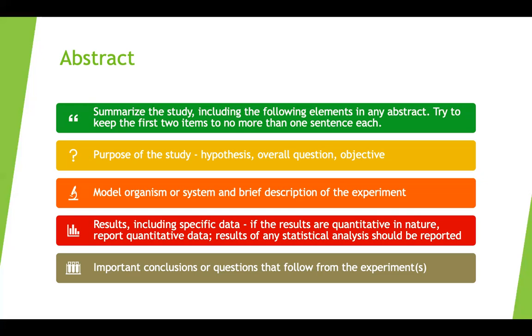For example, you have improved a particular process by some percentage, or improved the accuracy of a methodology or scientific process. That is a claim that comes in the form of results of your research or scientific writing. Important conclusions and questions that follow from the experiments can also be mentioned in the abstract.